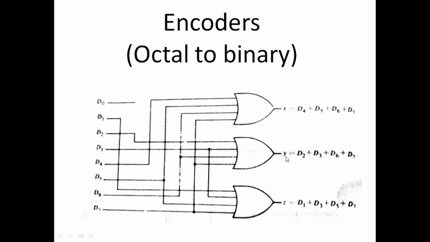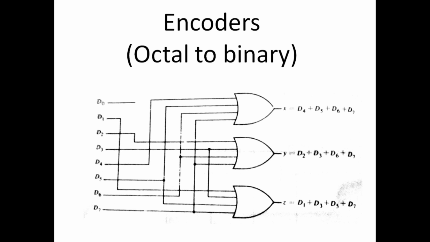The second bit y is equal to d2, d3, d6, and d7, and similarly z is equal to d1, d3, d5, and d7. Each of the input variables represents an octal digit. For example, this is digit 0, digit 1, digit 2, digit 3, and so on up to digit 7. So this is an 8-bit octal to binary encoder, which takes an 8-bit input and gives 3-bit output.